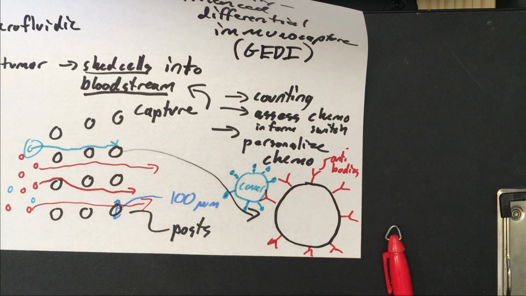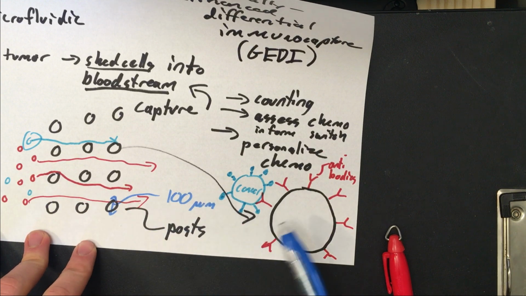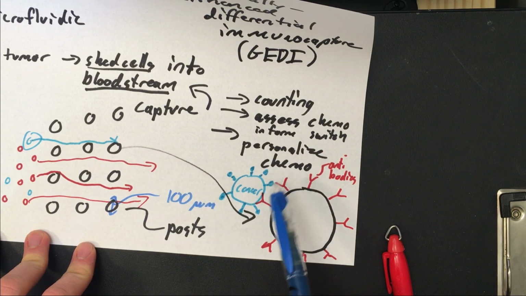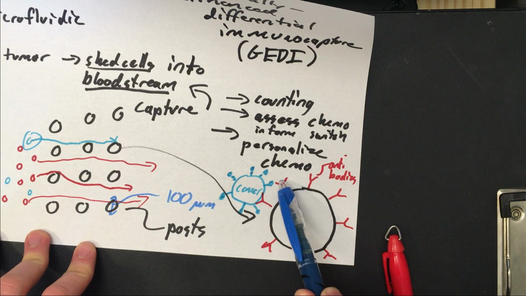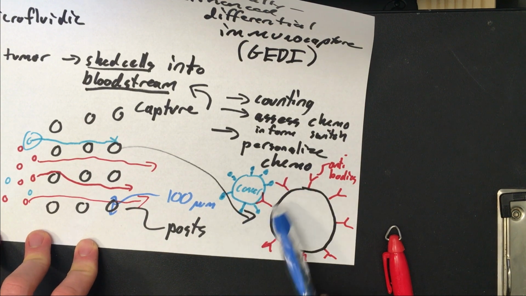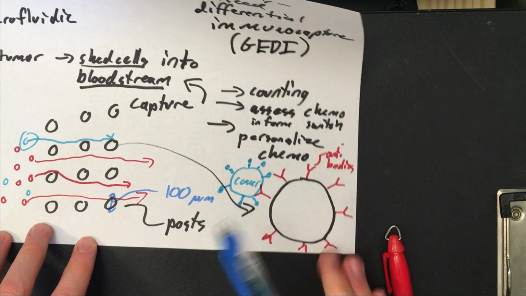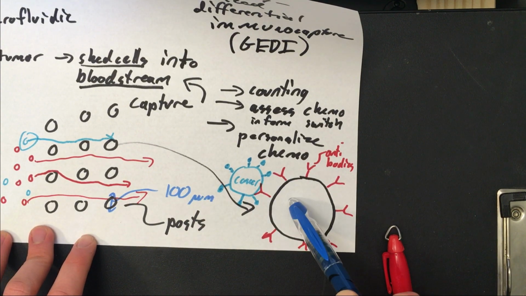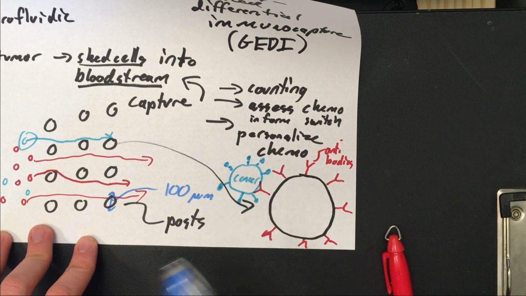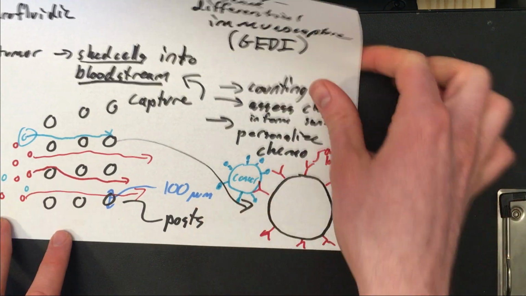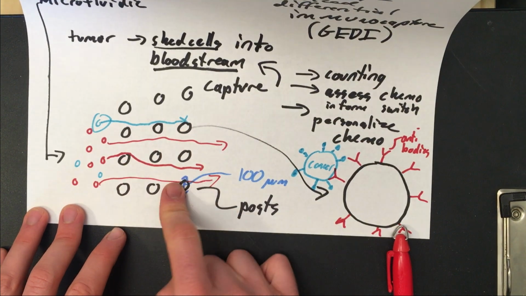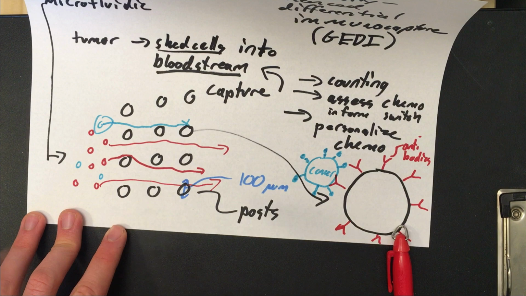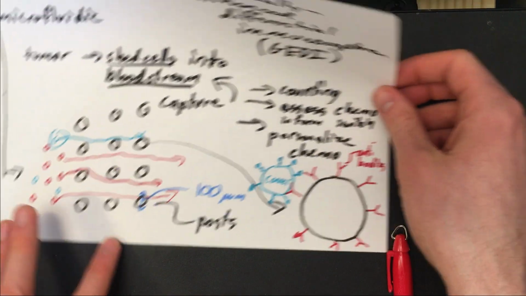And blood cells lacking those proteins would not be particularly sticky to these surfaces, whereas prostate cells with those proteins on their surface would have a very strong affinity to these antibodies. So basically, you can make the chemistry of your posts such that cancer cells stick and blood cells don't really stick. And you can design the geometry and the fluid mechanics of the post such that cancer cells bump into the posts over and over and over again, whereas blood cells flow right through.